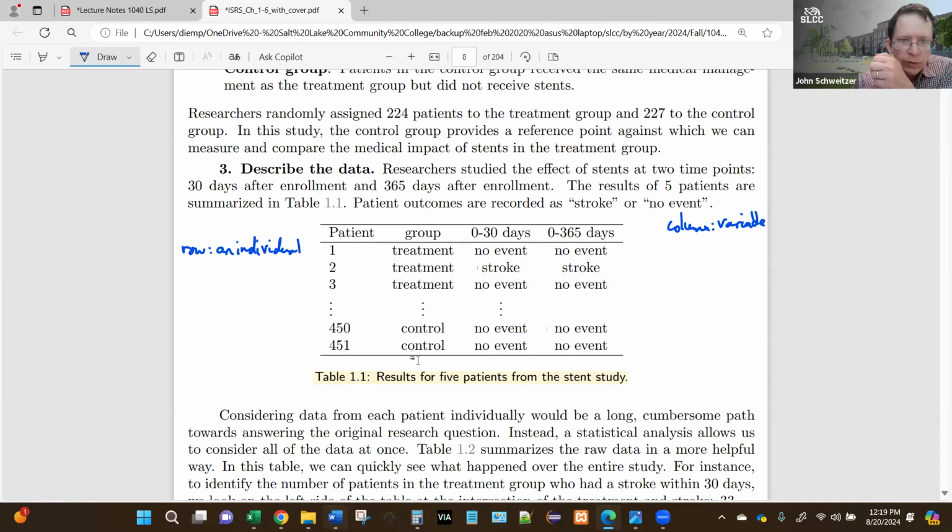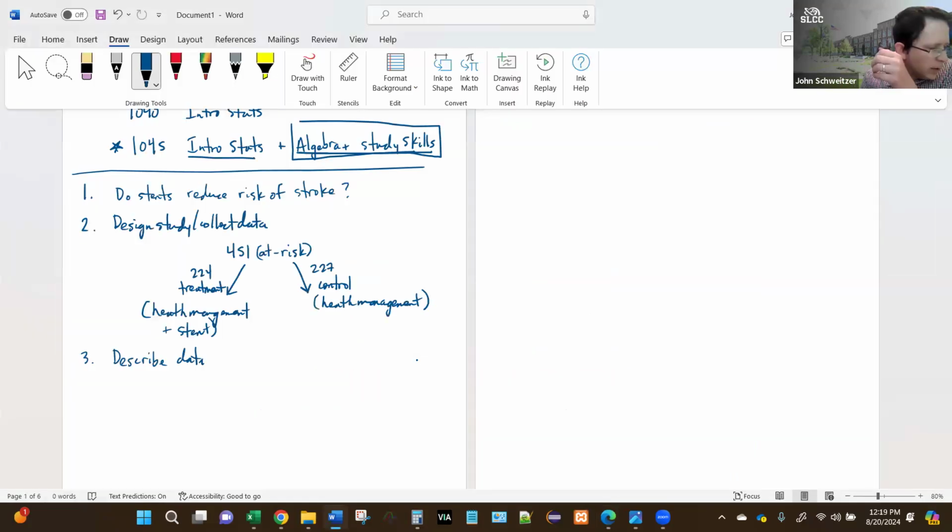What were the results? In our treatment group, there were 224 people, and of those 224, 45 had a stroke. So about 20% of those people had a stroke in the treatment group.